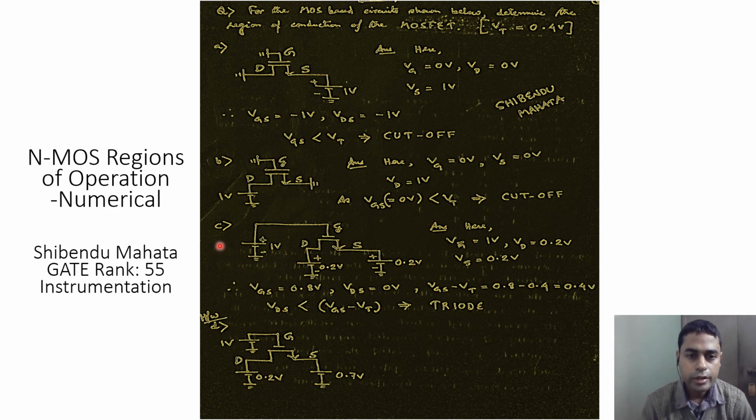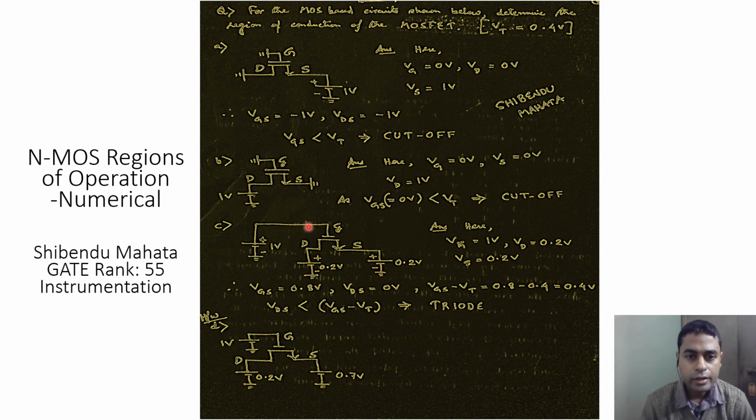Let us look at the third example. Here the gate terminal is at 1 volt, the drain terminal is at 0.2 volt, and the source terminal is at 0.2 volt. So drain and source voltages are the same. Now, has channel inversion taken place?